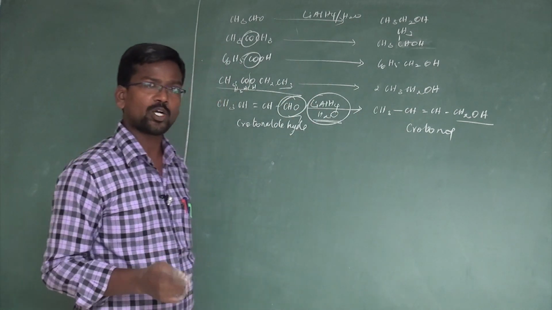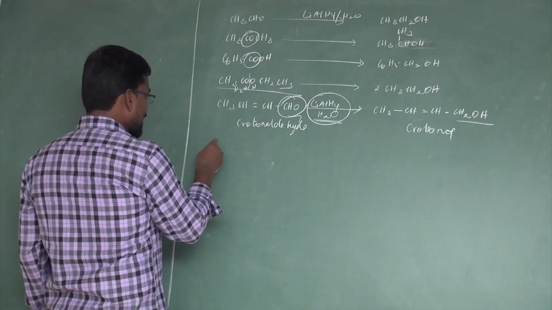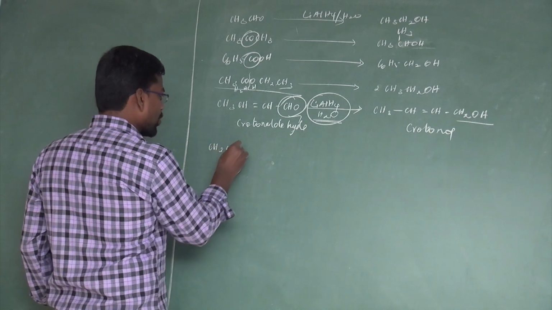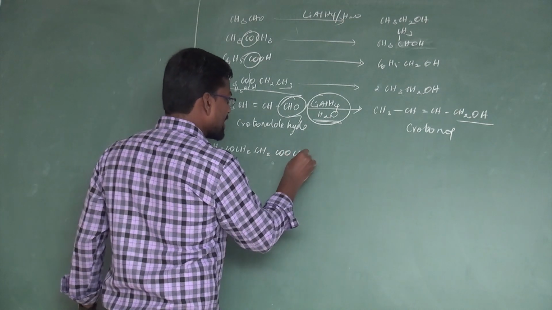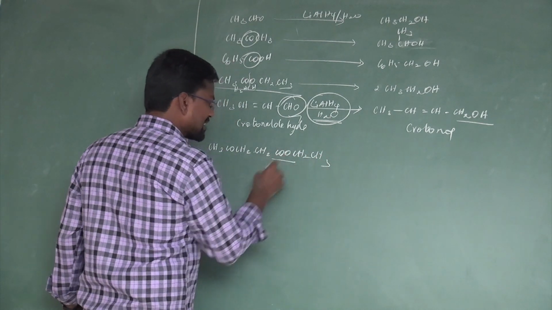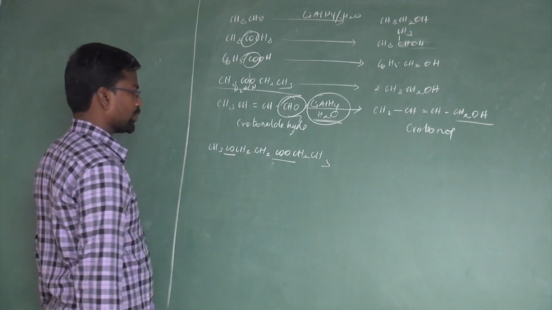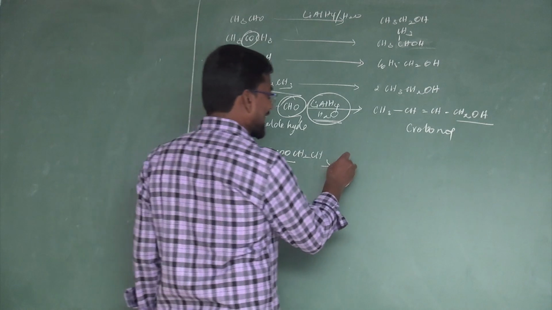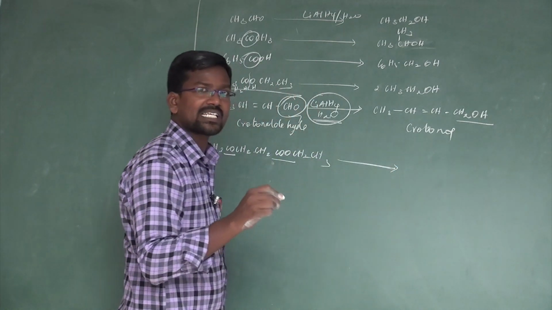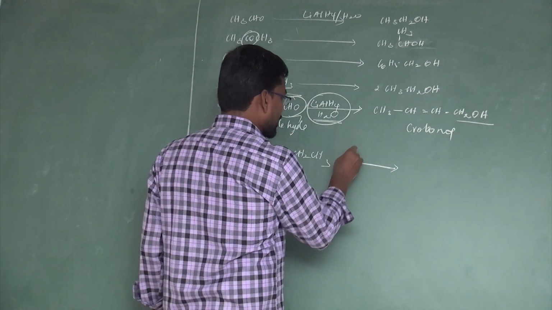If the compound contains 2 functional groups, for example CH3COCH2CH2COOCH2CH3, it has an ester functional group and a ketone functional group. If the compound contains 2 functional groups, this compound reacts with a less vigorous reagent like sodium borohydride.